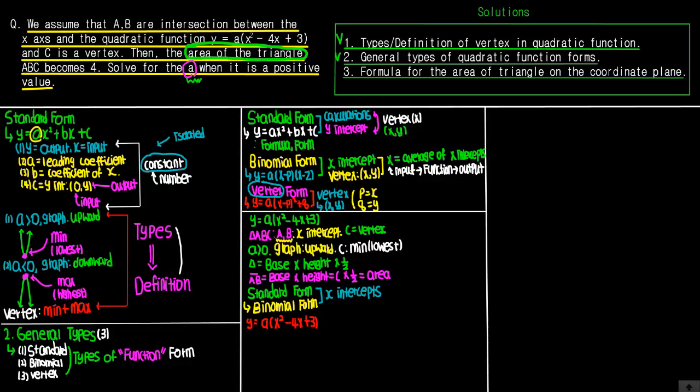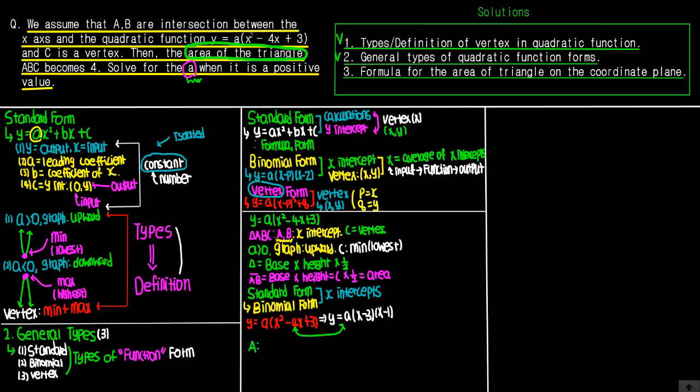But if we convert this into binomial form, we get y equal to 8 times x minus 3 times x minus 1. What we did here is convert our standard form into binomial form. And from here, we'll be able to solve for a and b.